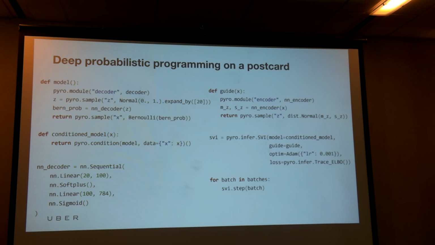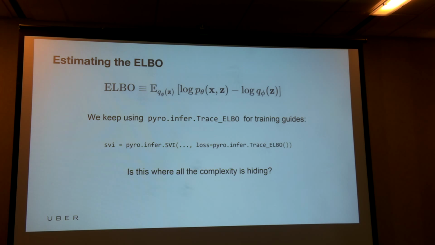Okay, so pretty much all the code that we wrote for this example fits on a single slide, which is great. So it seems like there must be some complexity hiding somewhere, as there inevitably is.